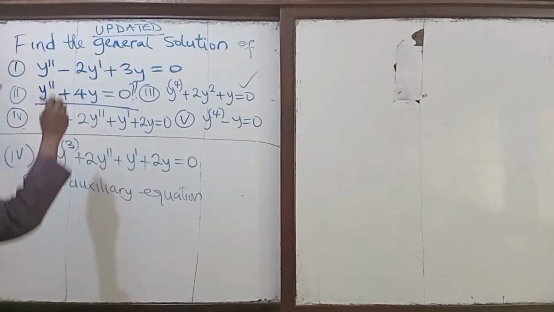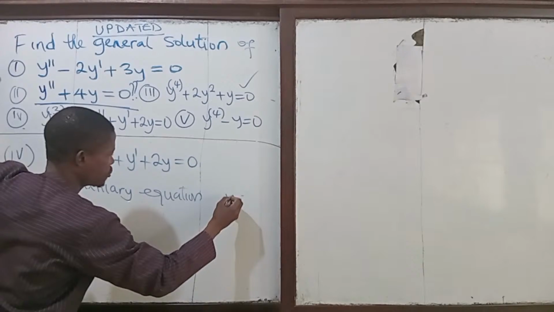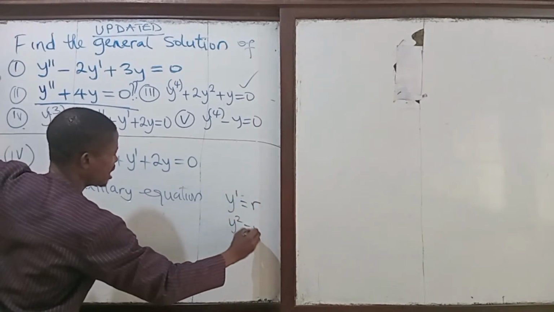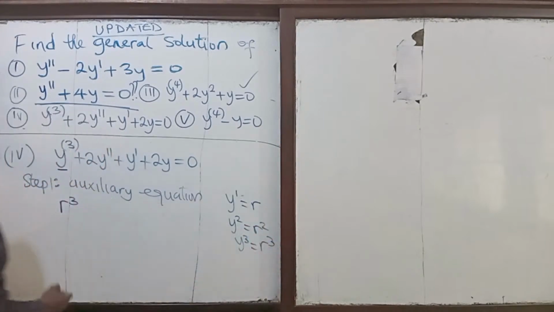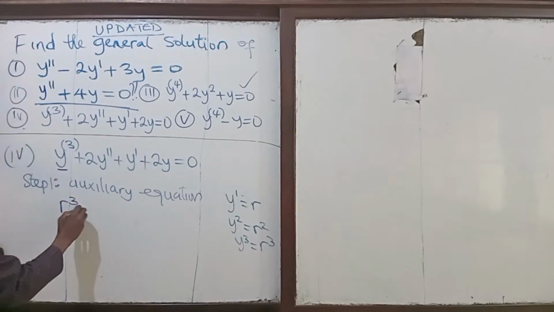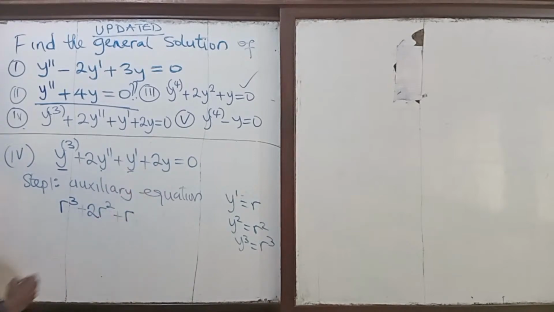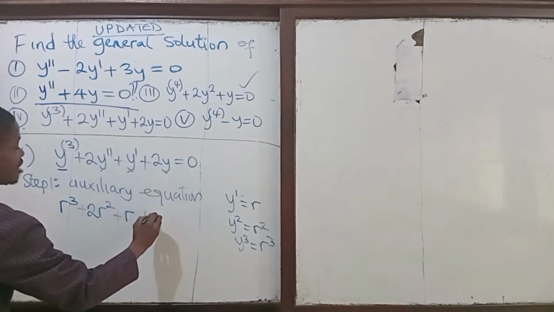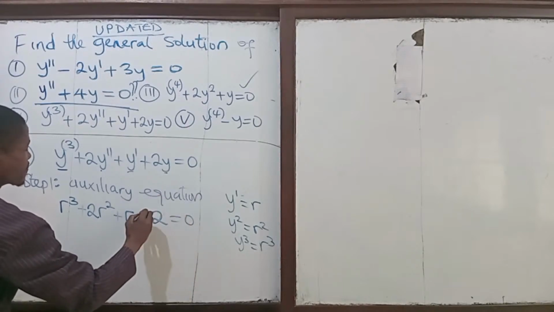The third differential is r cubed, the first differential is r, the second differential is r squared, and it goes on like that. So we have r cubed plus 2 r squared plus r, plus the term with no differential, where you just write the constant.